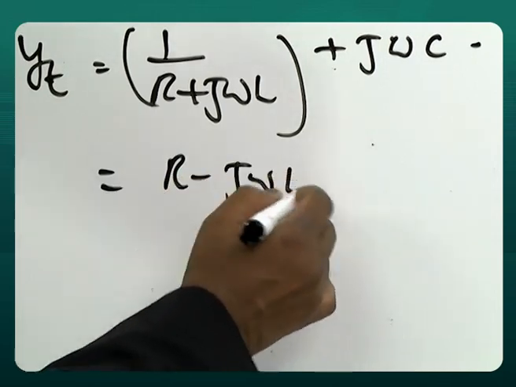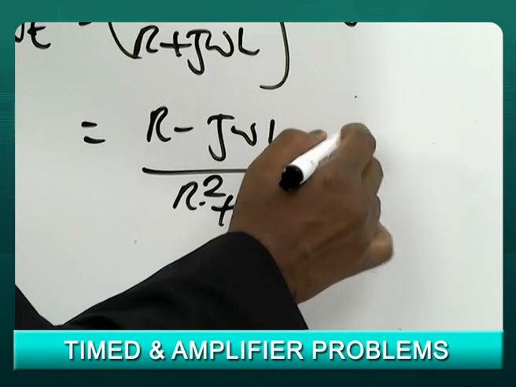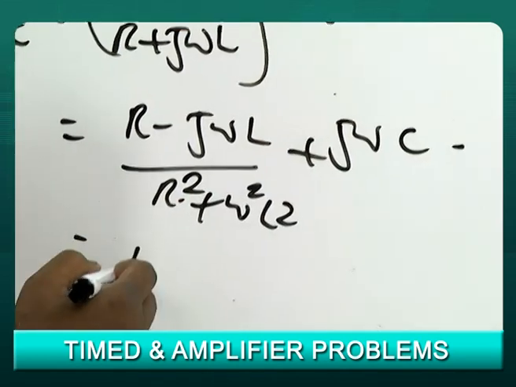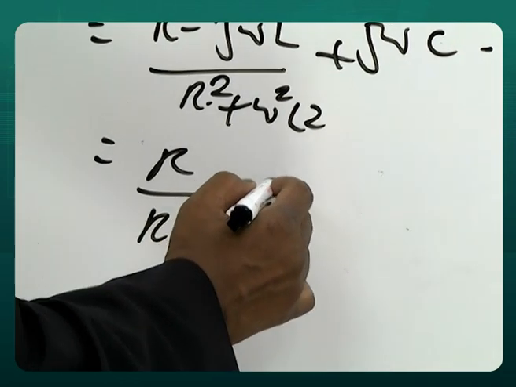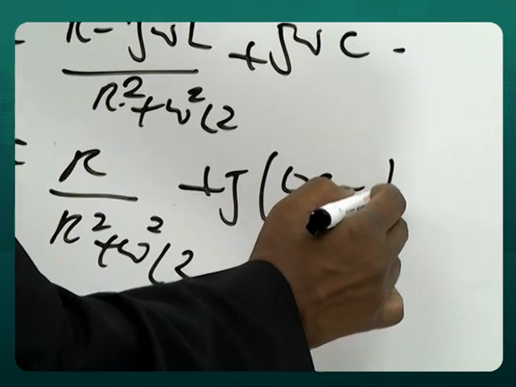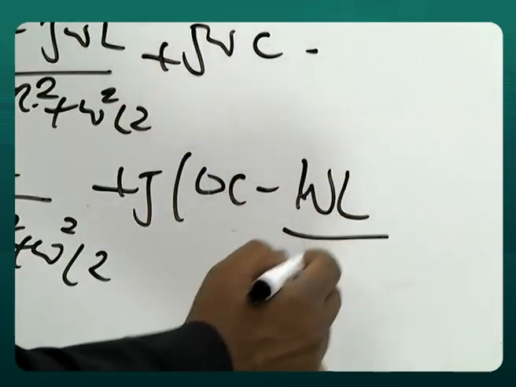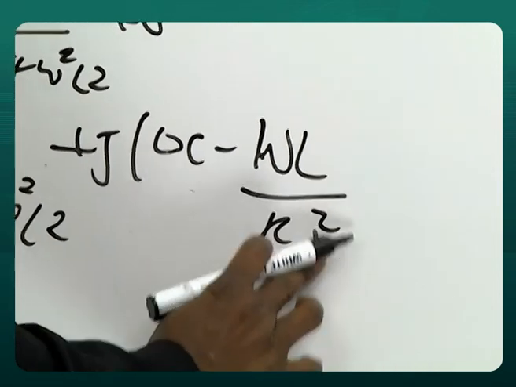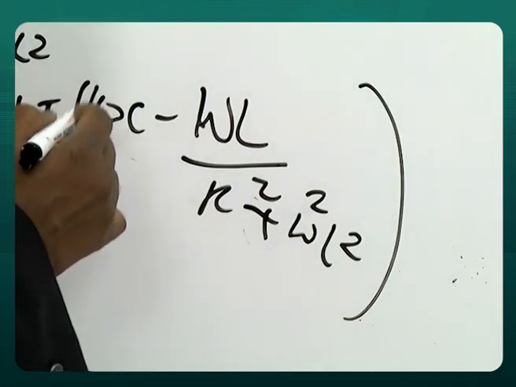Rationalize this: R square plus omega square L square, j omega C, omega C minus omega L by R square plus omega square L square.